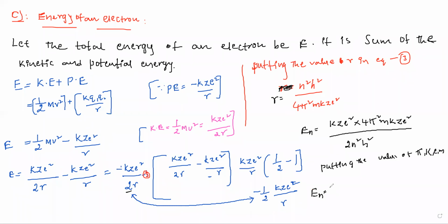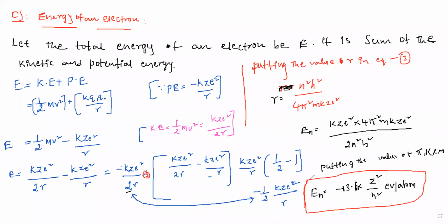After substituting all values, the energy of electron is minus 13.6 Z square by n square electron volts per atom. This is the main formula of energy of electron. You have to remember this to calculate the problems.